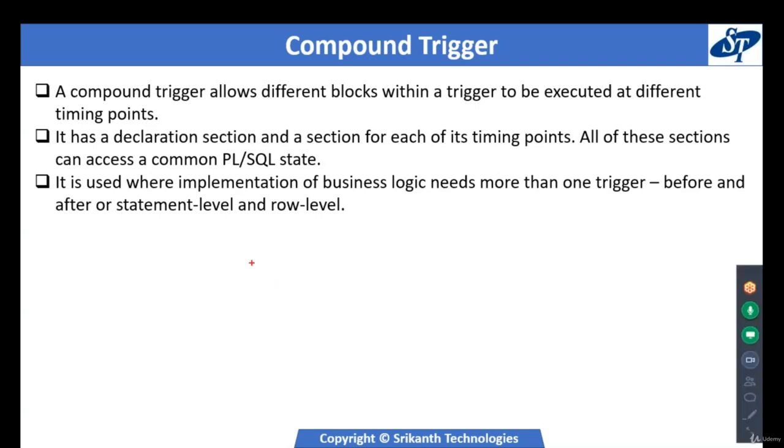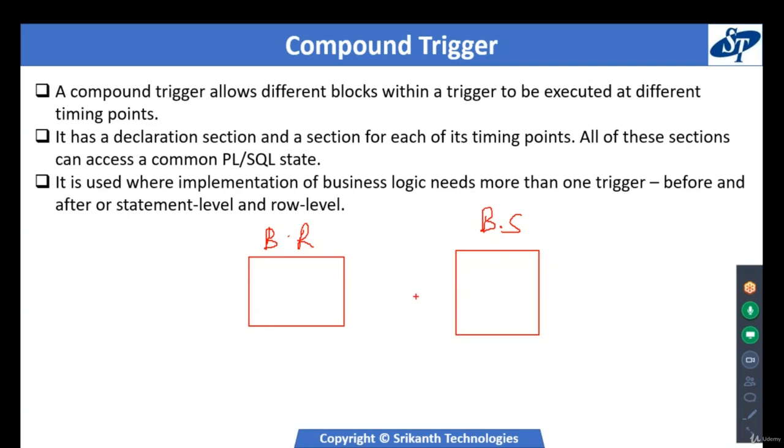In olden days, if you had to create a trigger for before row level and then before statement, you would have to have 2 different triggers. The problem with 2 different triggers is that they are 2 different PL/SQL blocks. So if I have to access some data that is common to these 2, it was difficult.